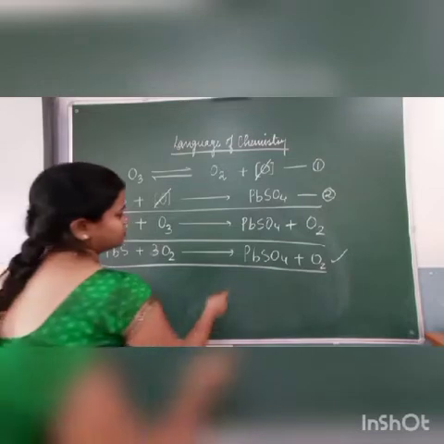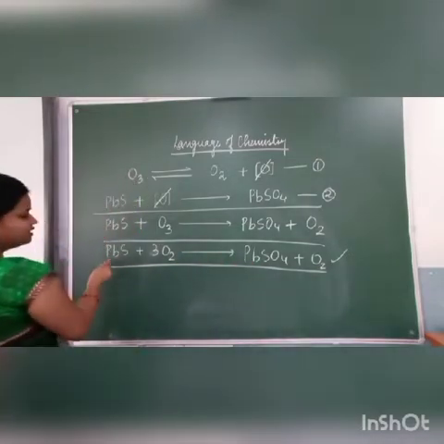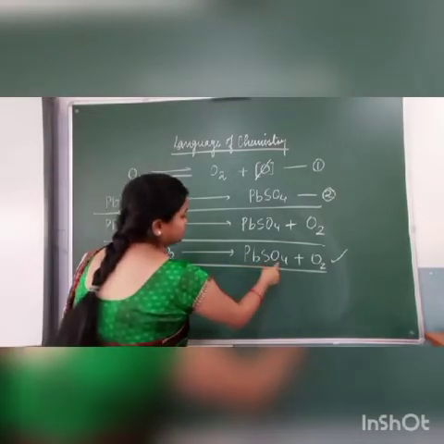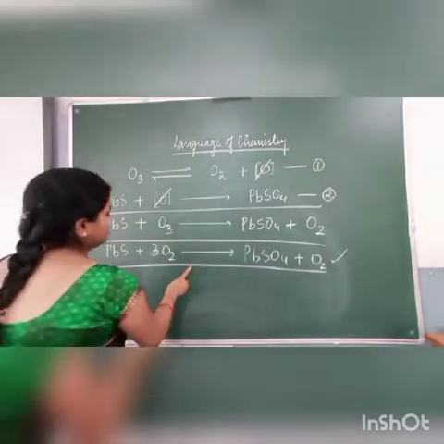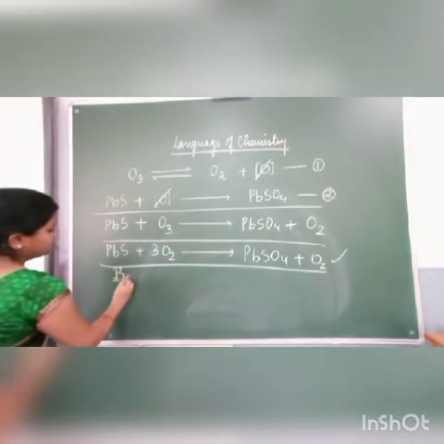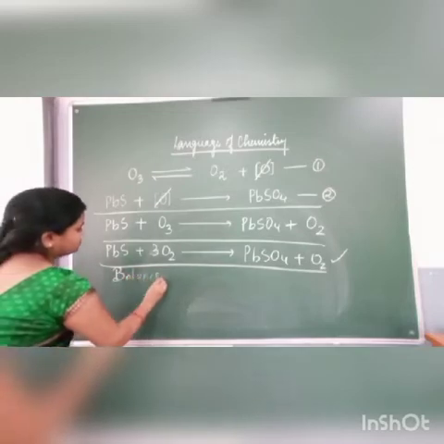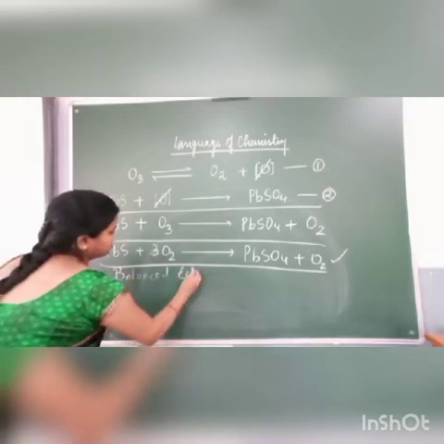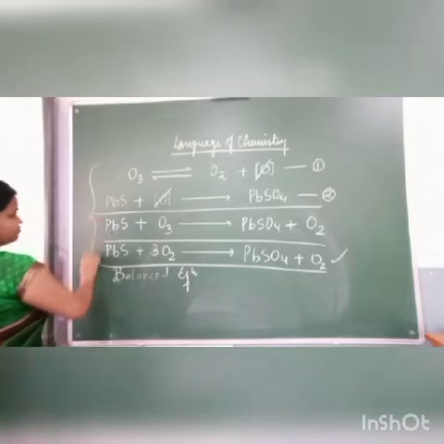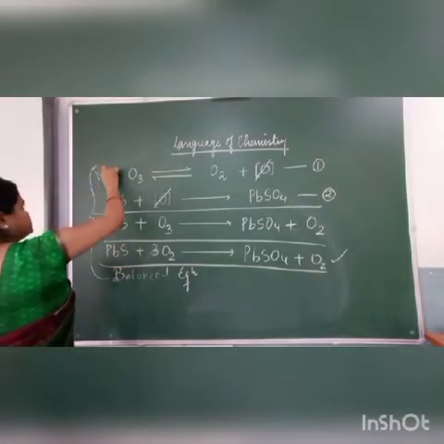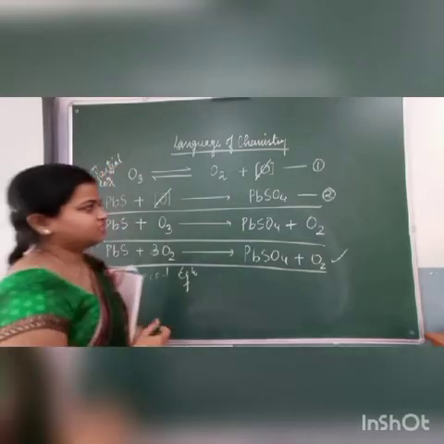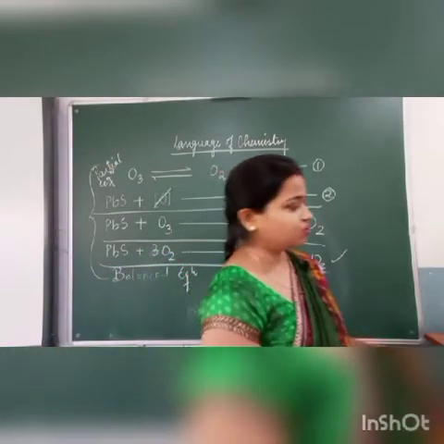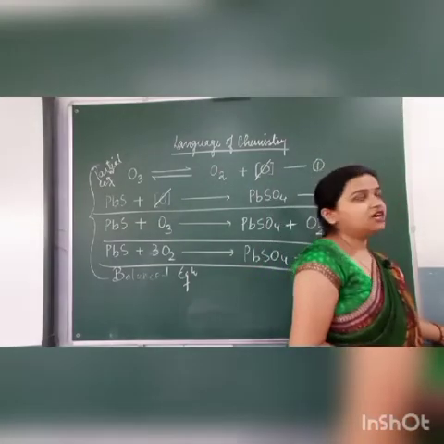Check again: 1 lead, 1 sulfur, 4 plus 2 is 6 oxygen, and 3 into 2 is 6 oxygen. Hence this equation is balanced. This type of balancing is called the partial equation method. These are the two examples given in the book, and we have practiced them.